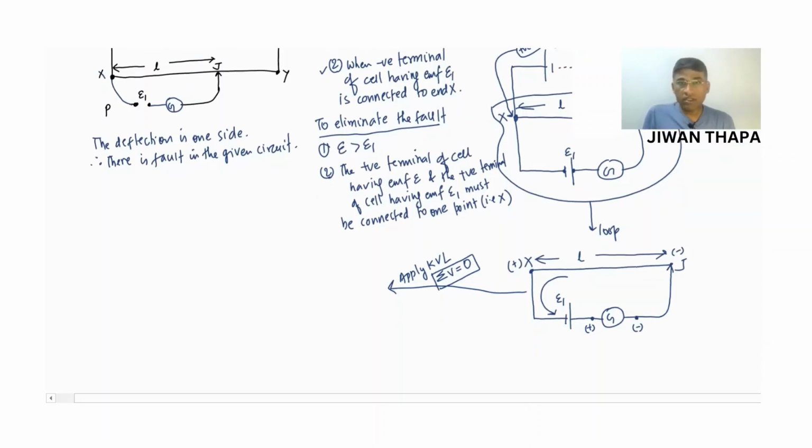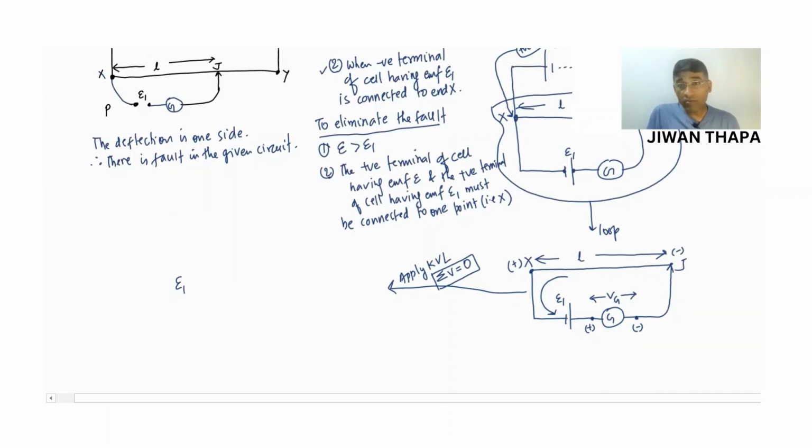Then from Kirchhoff's law, what we get? We are moving from negative to positive, that is from low potential to high potential. So EMF E1 is taken positive, and for galvanometer, let us tell the voltage across the galvanometer is Vg.